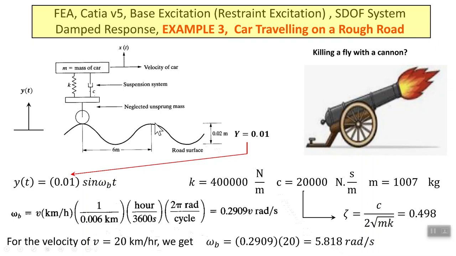Now, I also want to point out that we are interested in the steady state response of the car. In other words, the car is going along that track for a long time. Everything is going to reach the steady state, and our objective is to find out what is the steady state motion of the car, or the chassis of the car. This is the chassis of the car.